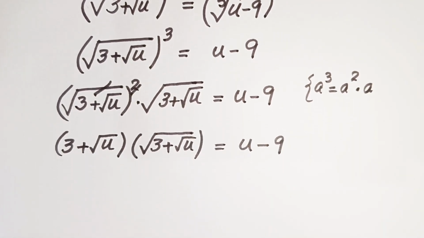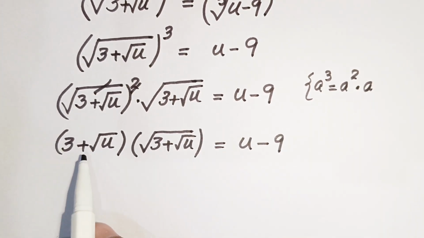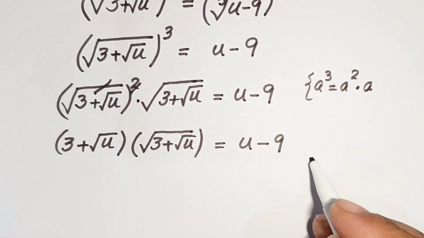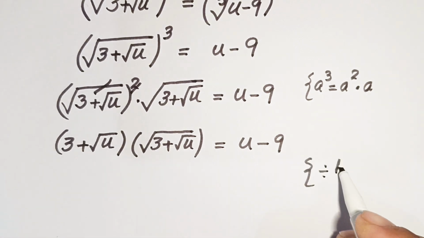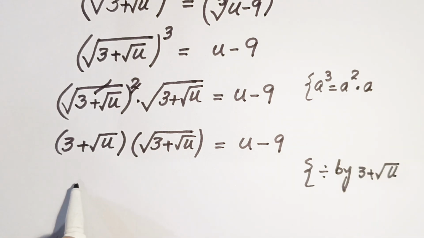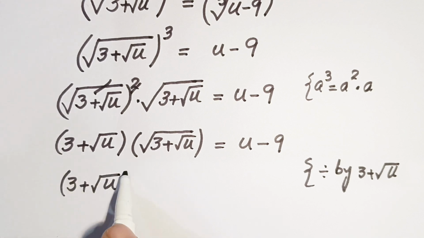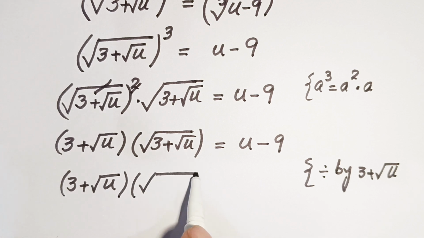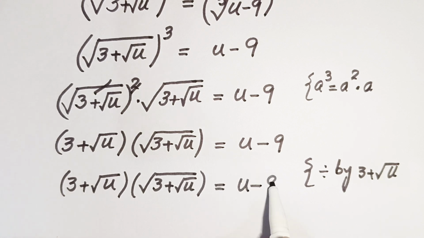Here if we divide both sides by 3 plus square root of u, so dividing by 3 plus square root of u on both sides, then we get 3 plus square root of u times the square root of 3 plus square root of u is equal to u minus 9.